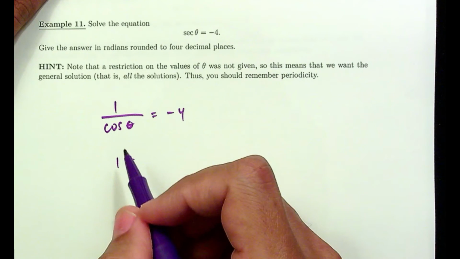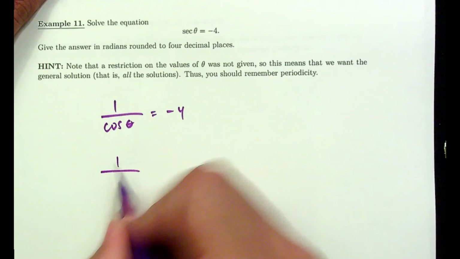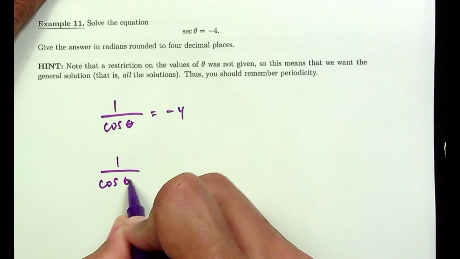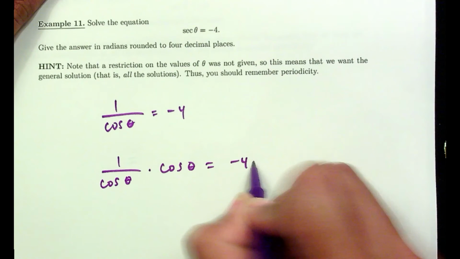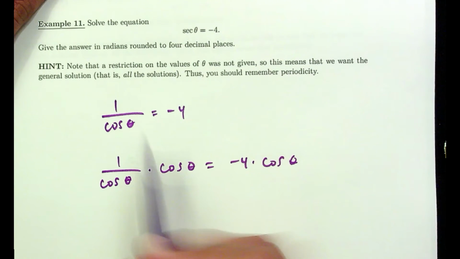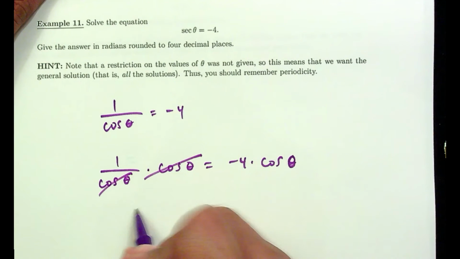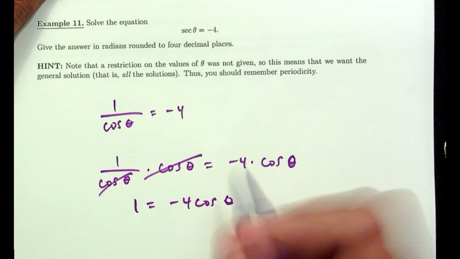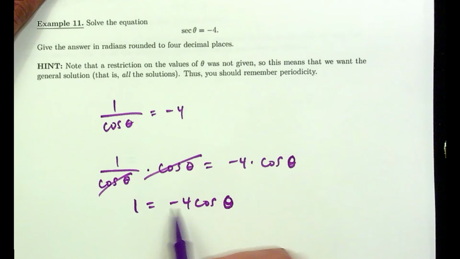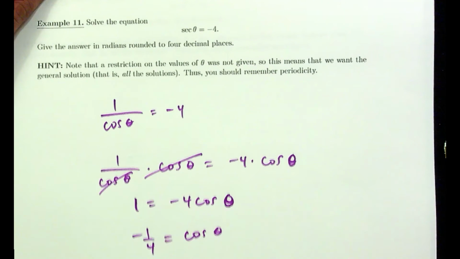So if you multiply both sides by cosine of theta, you end up with 1 equals -4 cosine of theta, and now dividing by -4, you get that cosine of theta equals -1/4.